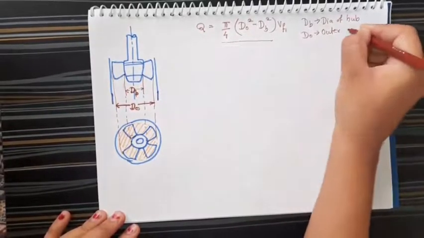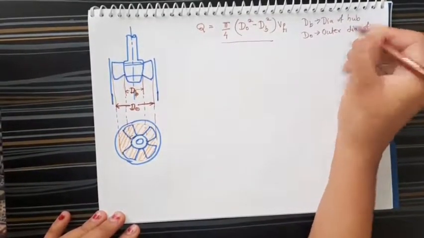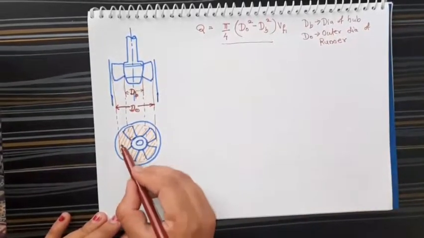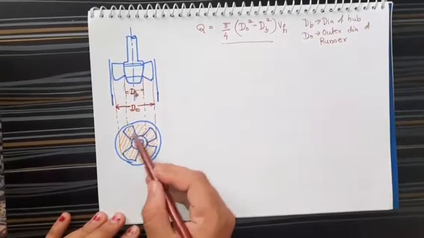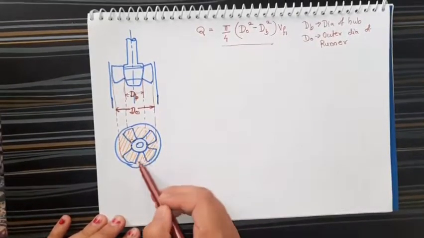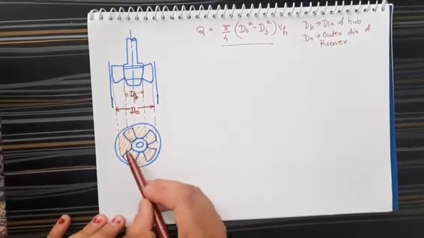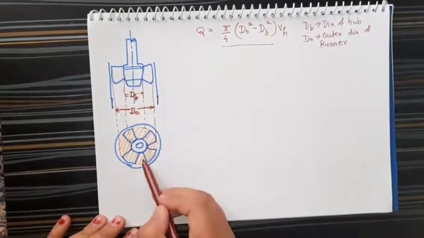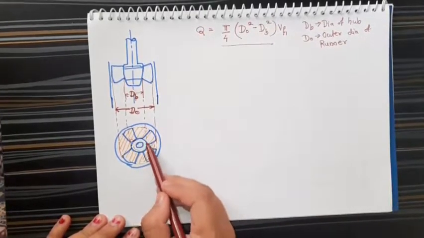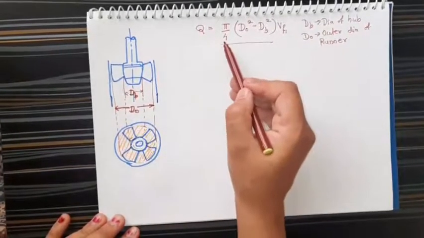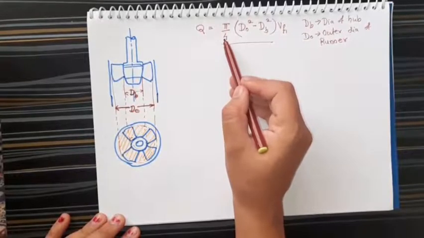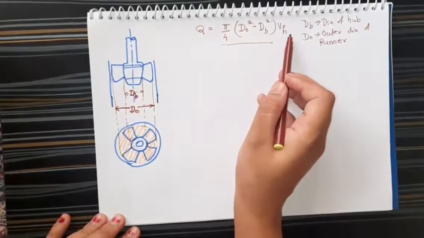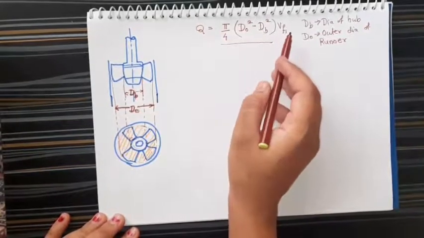So basically the water will flow from this shaded area, and to find this area we use the formula pi by 4 dO square minus pi by 4 dB square. Taking pi by 4 common, we get pi by 4 (dO square minus dB square) into the velocity of flow.